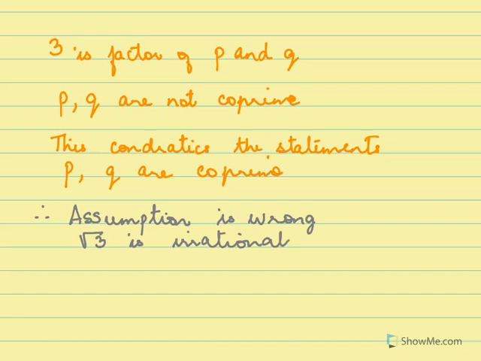Now for the next part of the sum. First part we already have shown that root 3 is irrational. Now for the second part of the sum you'll say let 2 root 3 by 5 be rational.